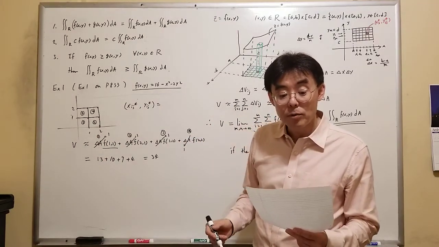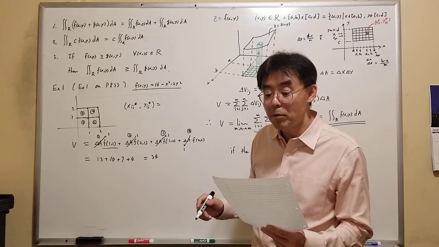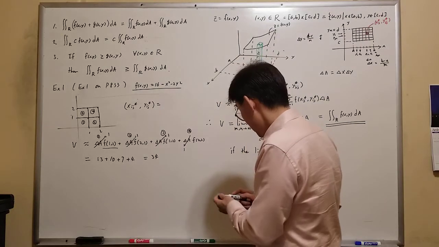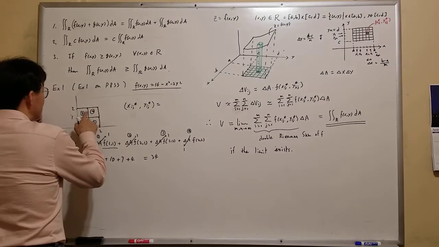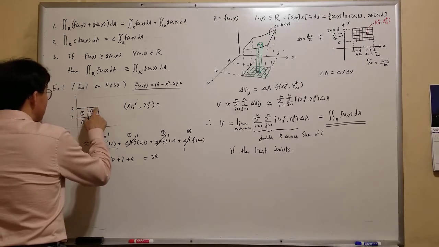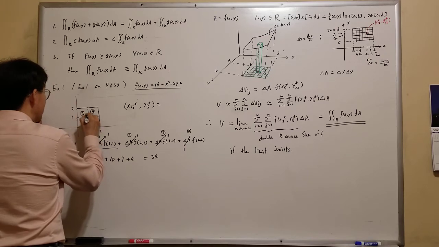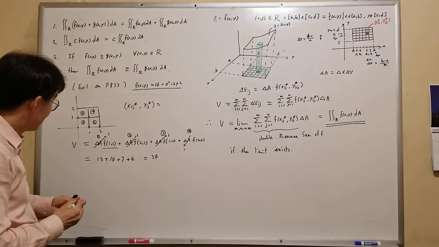Now, in our notes, do the same problem choosing the sample point to be the lower left corner. So instead of these 4 points, we're going to use this one, this one, and this one.